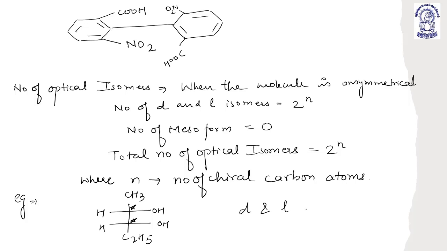D and L isomers, that is 4. There is no plane of symmetry because we have one C2H5 and one CH3. They cannot be divided into two equal halves.